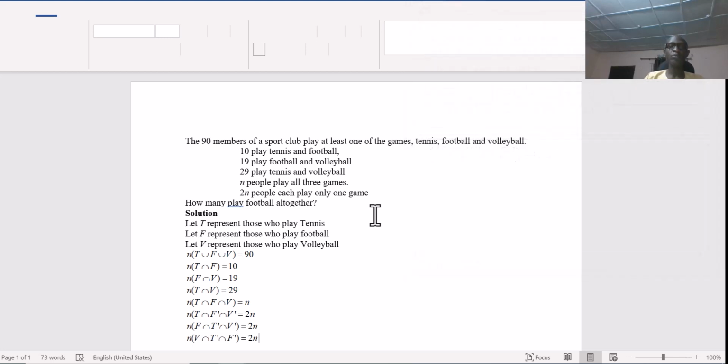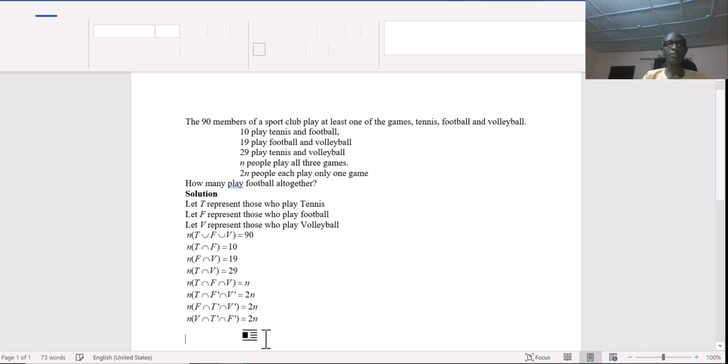That's what the statement means: 2N people each play only one game. So those who play football only are 2N, tennis only is 2N, and volleyball only is 2N. These are the statements we are given that we need to represent in set notation format.